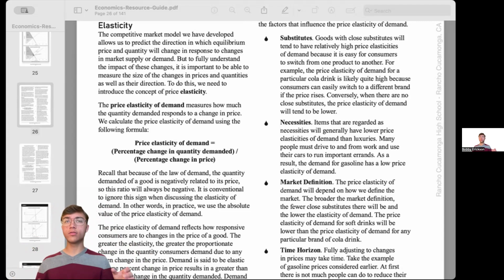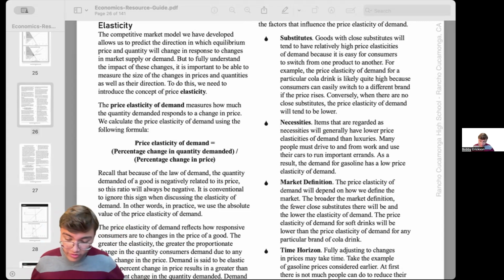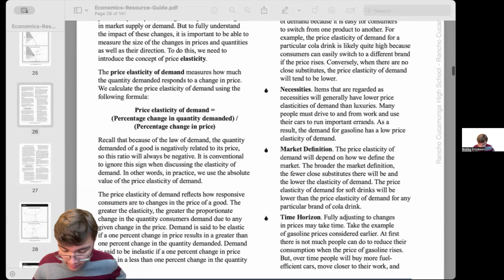But if you are specifically in the market for iPhones, and this will get into market definition, and the price increases, you probably aren't going to be able to find many close substitutes. So you're just going to have to deal with it and pay the price. That would be a lower elasticity. So if there are no close substitutes, then the price elasticity will be lower.